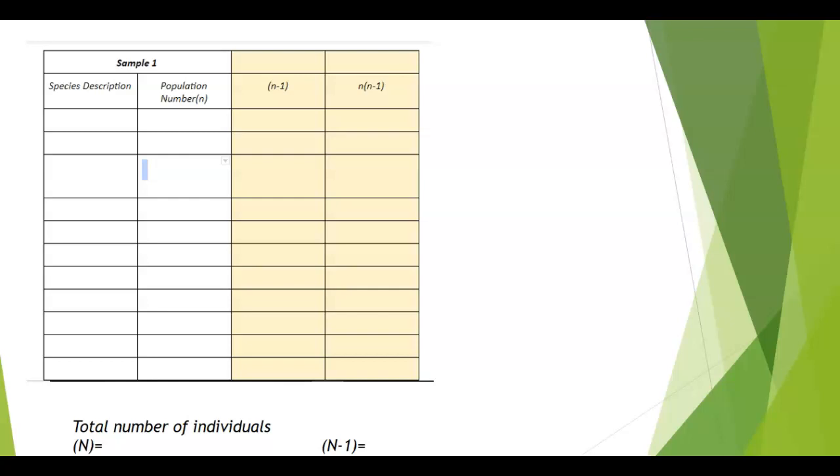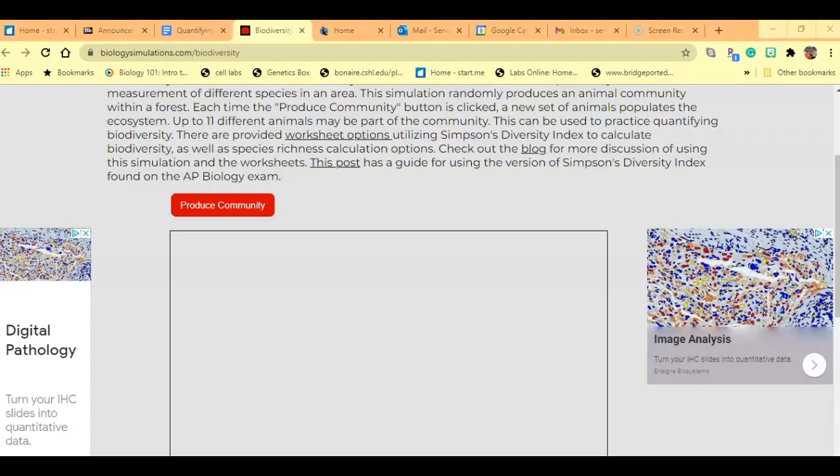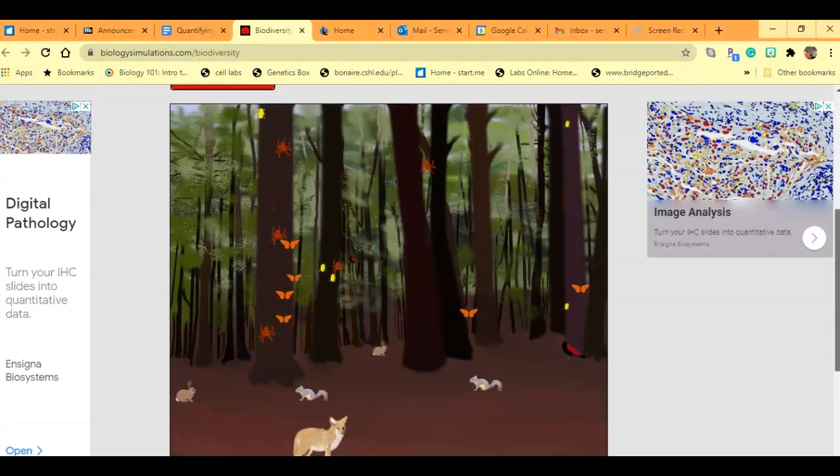Then when you go to the simulation, you're going to click on Produce Community, and count how many different organisms and how many different species there are.